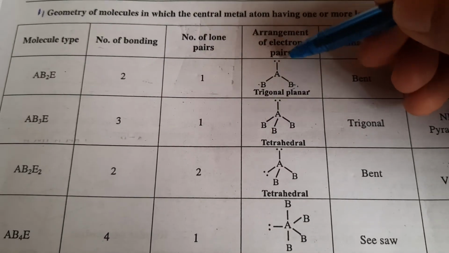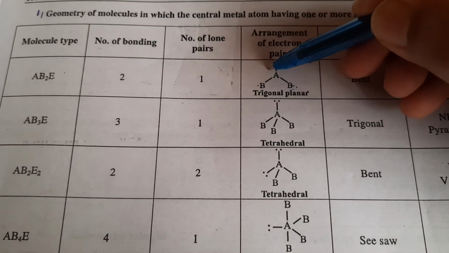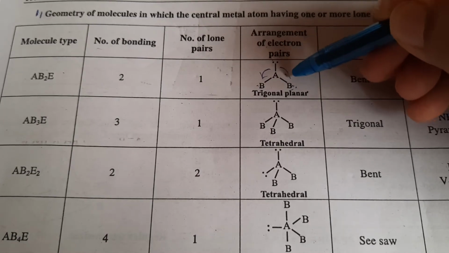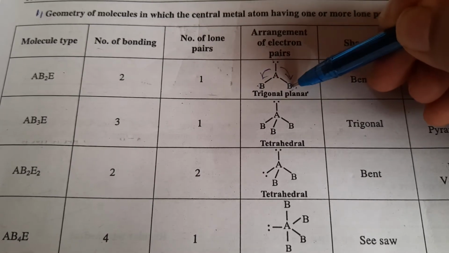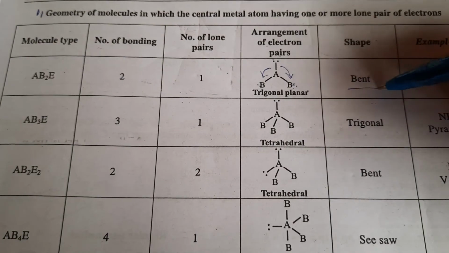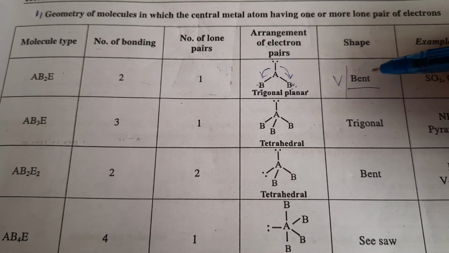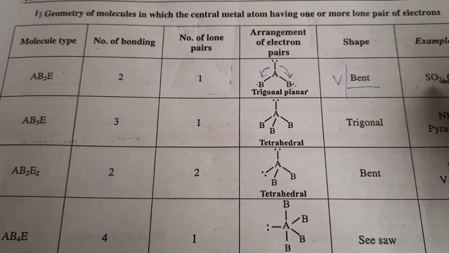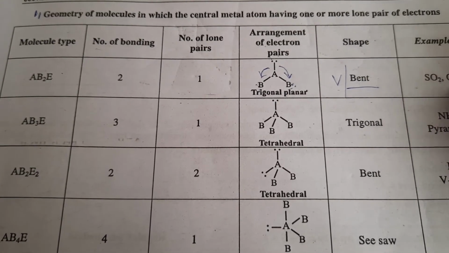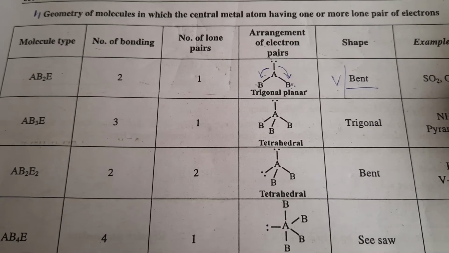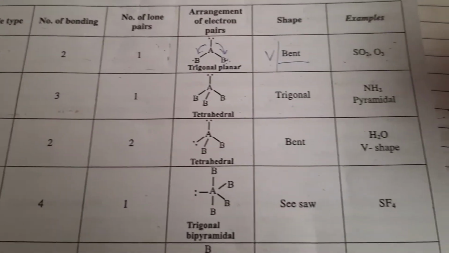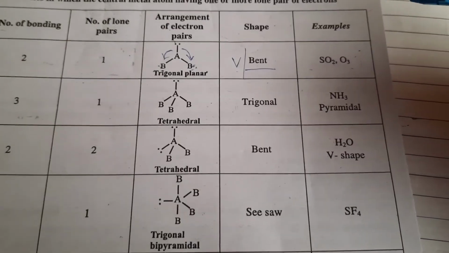Due to lone pair repulsion, these lone pair electrons repel the two B atoms. Then the shape becomes bent, or we can also call it V shape. V shape or bent shape, one and the same. For example, SO2 and O3 molecules are examples of bent shape.